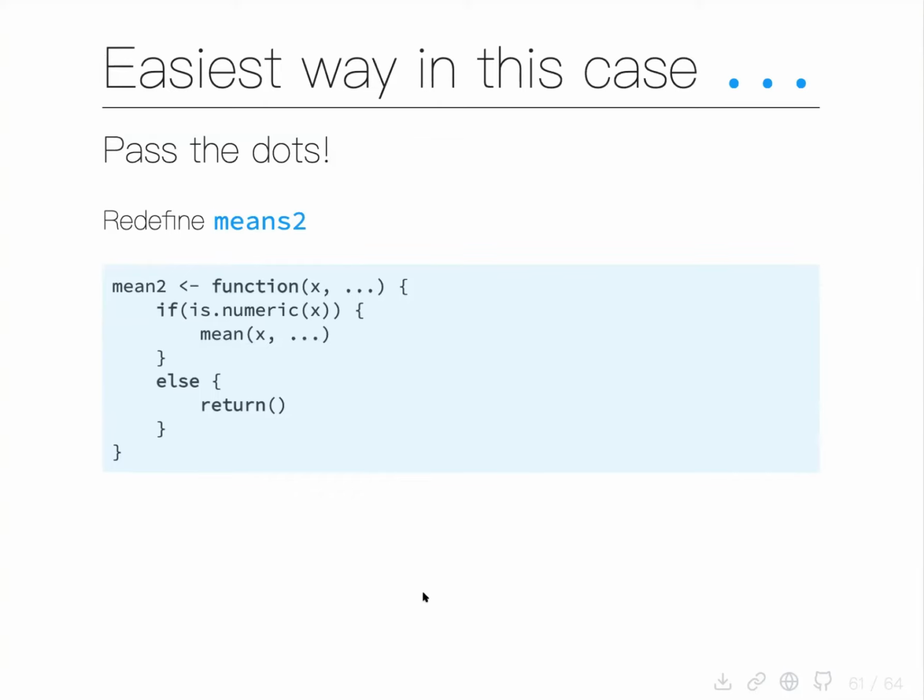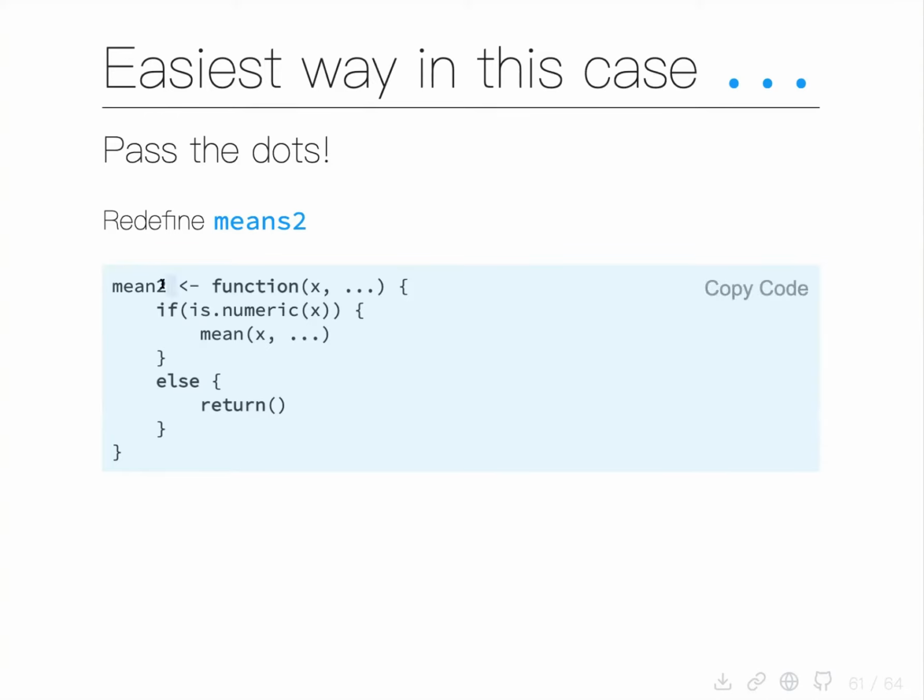So you have probably seen multiple times when you're looking at the help documentation, this ... argument, okay? That ... argument says anything else, and it can be used for all sorts of different things, but the most common way it's used is to pass additional arguments to functions, okay?